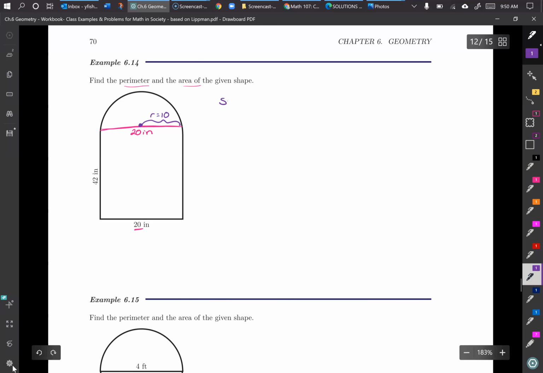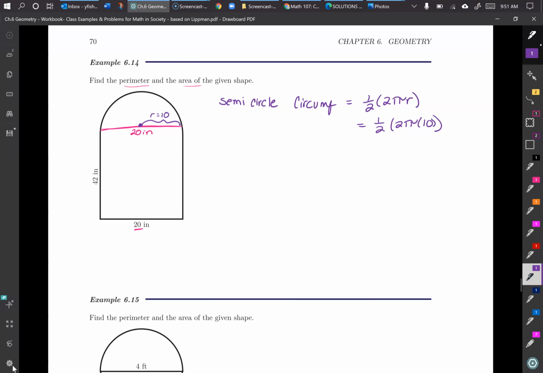So the semicircle circumference will be equal to half 2 pi r, right? So if we plug all that in, we have half times 2 pi, and r was 10.